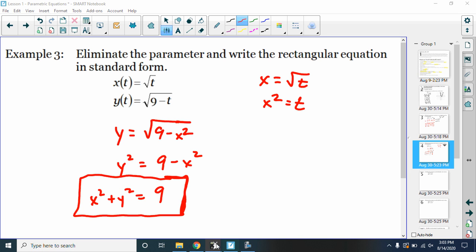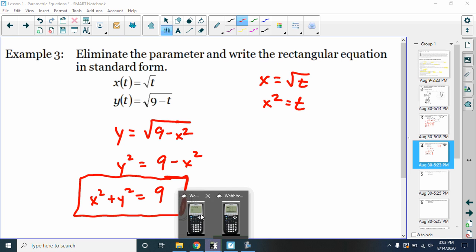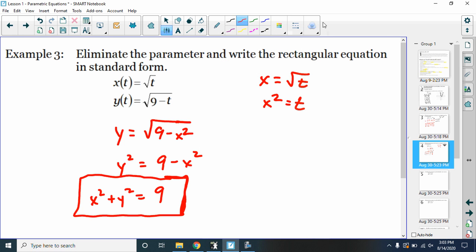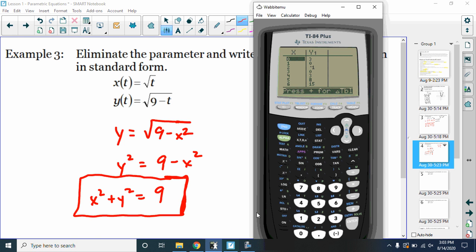You can actually graph on your graphing calculators from polar or parametric form. You can't do calculus on it, but you can graph. In order to do that, you go to mode and change from function to parametric.